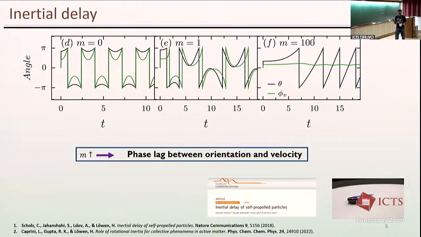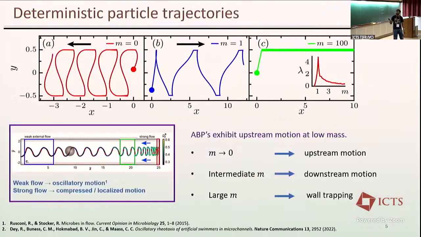This inertial delay affects the particle trajectory in Poiseuille flow type systems, which we can see from these figures. In these three panels, we have particle trajectories for different mass values.